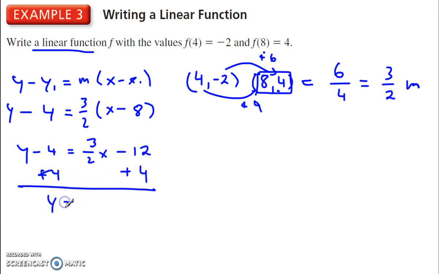Y is equal to 3 over 2 x minus 8. And there you have it, ladies and gentlemen. This is a linear function in slope-intercept form, and there it is in point-slope form.